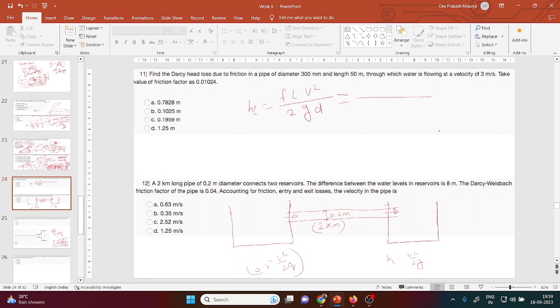The difference between the water levels in the reservoirs is 8 meter. Let's say the water level in this reservoir is full and here the water level is this much. If you take the difference, how much? 8 meter. And the Darcy's Weisbach friction is there. If Darcy's Weisbach friction is there, you can easily calculate the average velocity. How much is given? f equal to 0.04.